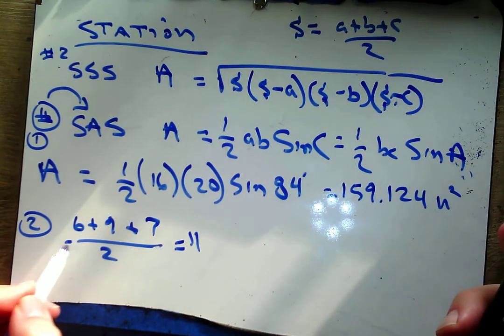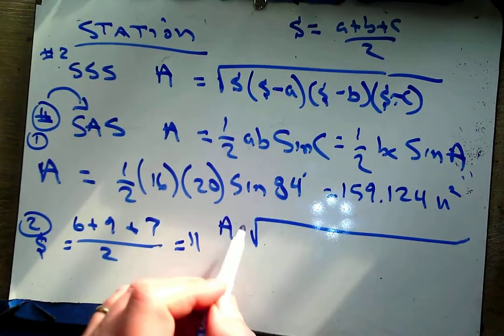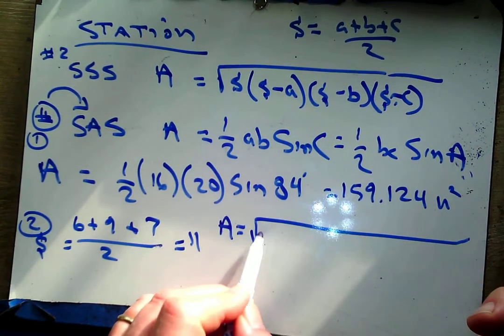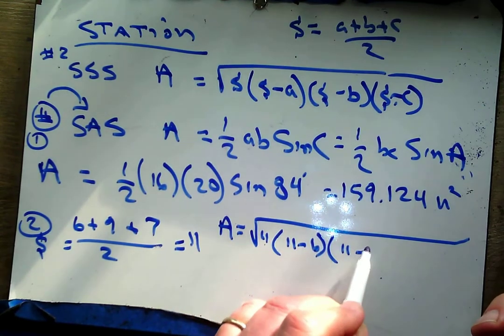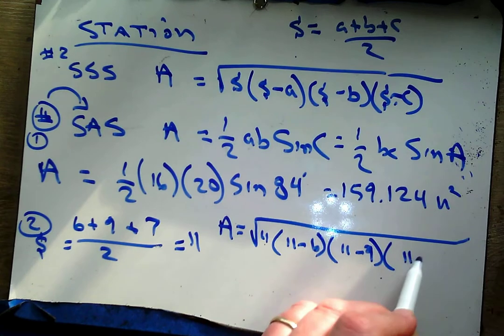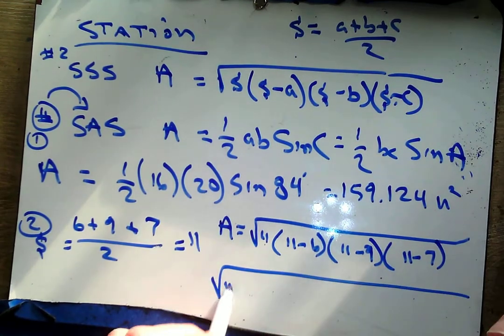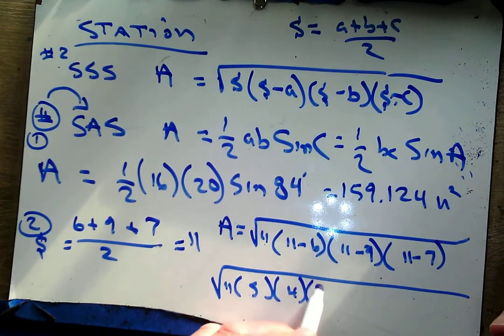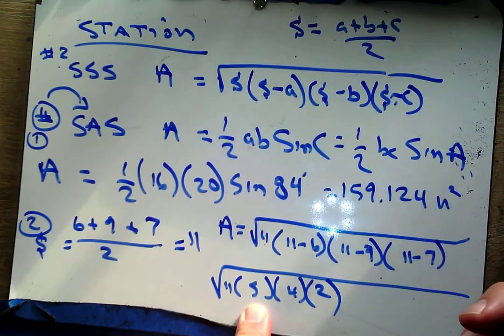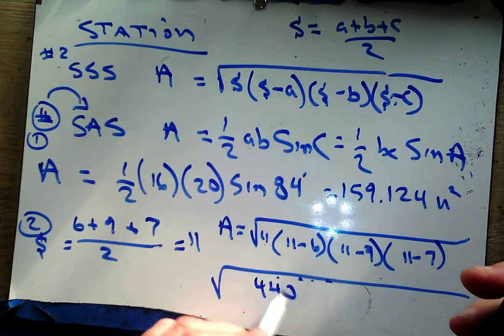So I know what S is now, and I can jump into my Heron's formula and say that I want 11, 11 minus 6, 11 minus 9, 11 minus 7. So square root of 11 times 5 times 4 times 2. 8 times 5 is 40. 40 times 11 is 440.